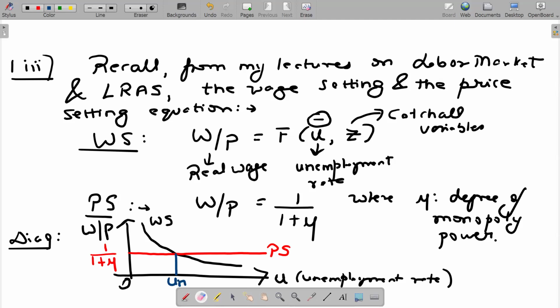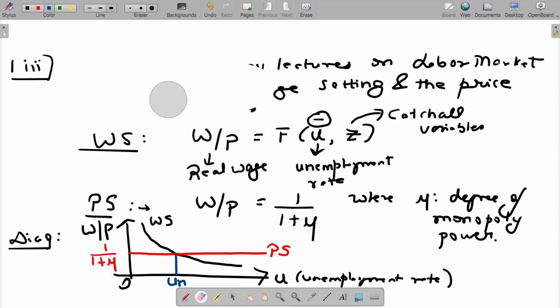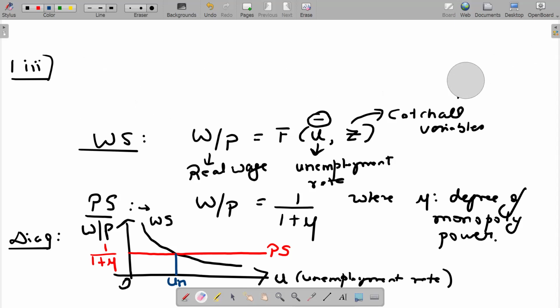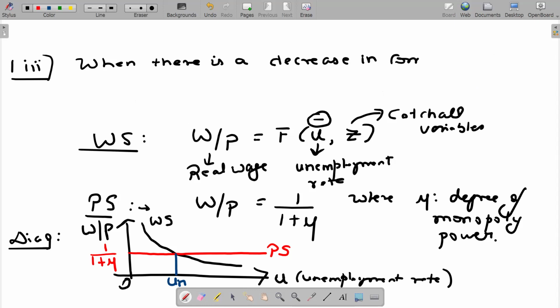Now, when there's a decrease in competition among the firms, what is going to happen to mu?